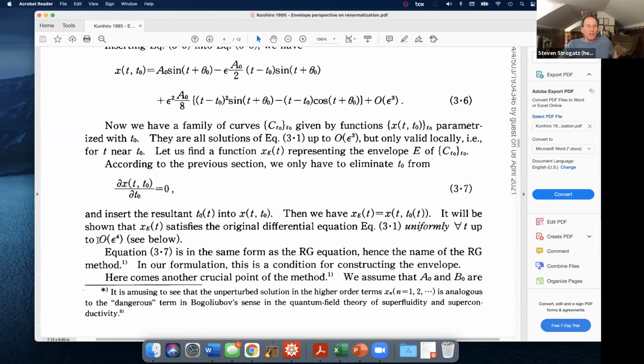I think he means for all times up to order 1 over epsilon to the 4th. I mean, you can stretch it out very far. But this is the key condition, this envelope condition. And so he says our equation 3.7 is in the same form as what Goldenfeld and company derived by renormalization arguments from physics. But in Kunihiro's formulation, it's an envelope condition.